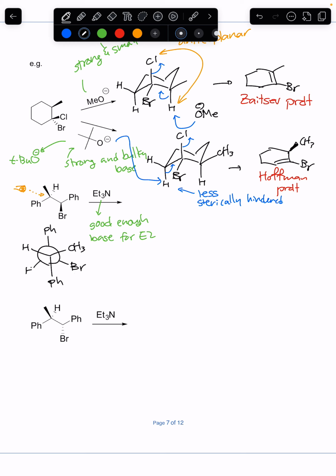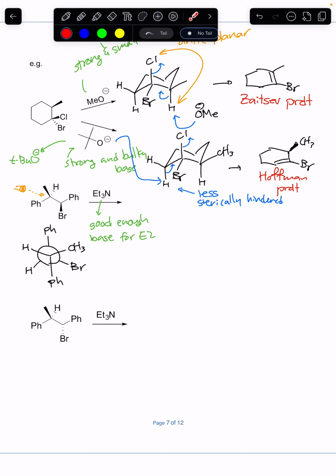And here's the leaving group, the bromine, right? And indeed, there's a proton that's anti to it, and it would be coplanar. And once again, I would encourage you to build a model of this so you can see it. Now, here's triethylamine.